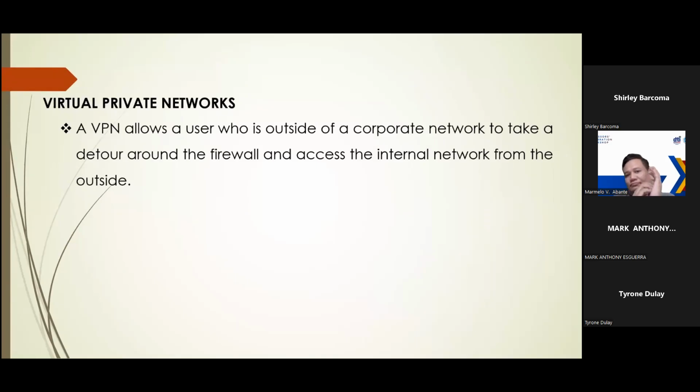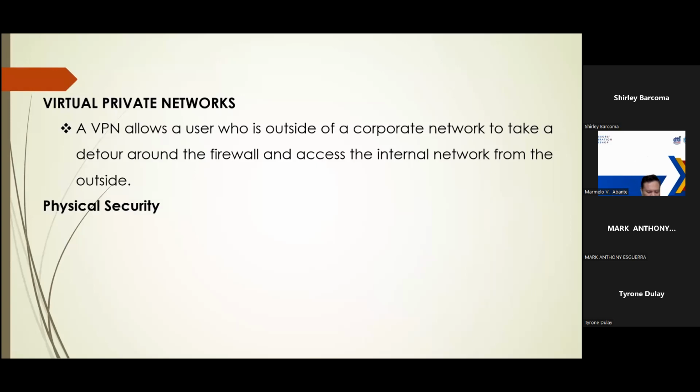But what if an employee working from home requires access to some of these resources? What if a consultant is hired who needs to do work on the corporate network from another location? In these cases, a VPN is essential.